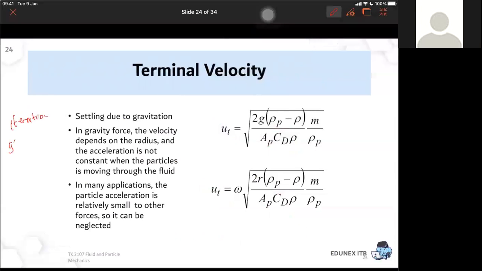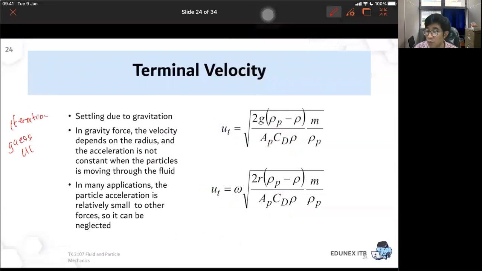You guess the terminal velocity first, and then you calculate the Reynolds number of the particles, then you calculate CD, right? The other values are constant. Then you calculate the terminal velocity. You check whether it's already the same.